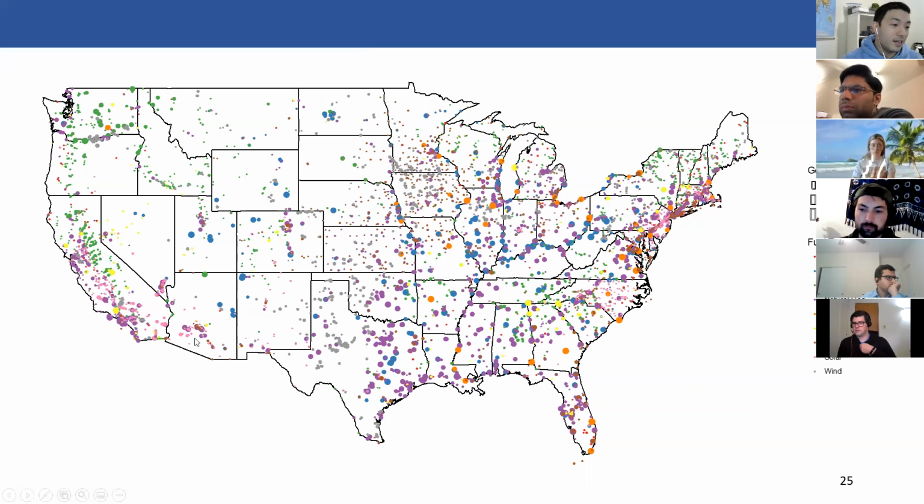You'll notice on the West Coast, a lot more pink, which is solar. And you'll notice specifically in California, you don't have any blue dots, which represent coal. And so you see a lot more blue in the eastern half of the United States.